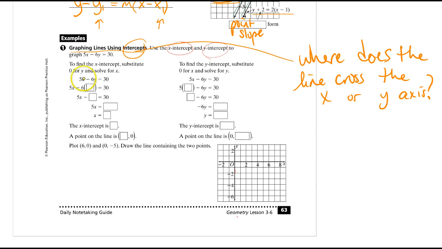Here we go. 5x minus 6y equals 30. Well, we want to find the x-intercept. Where does this line cross through the x-axis? Well, you know what? If we're crossing through the x-axis, then I know exactly what the y value is. Not -6, not -4, not -2, but 0.